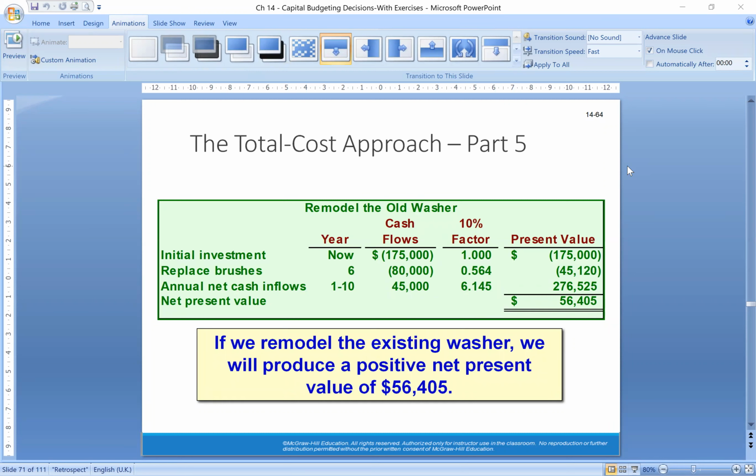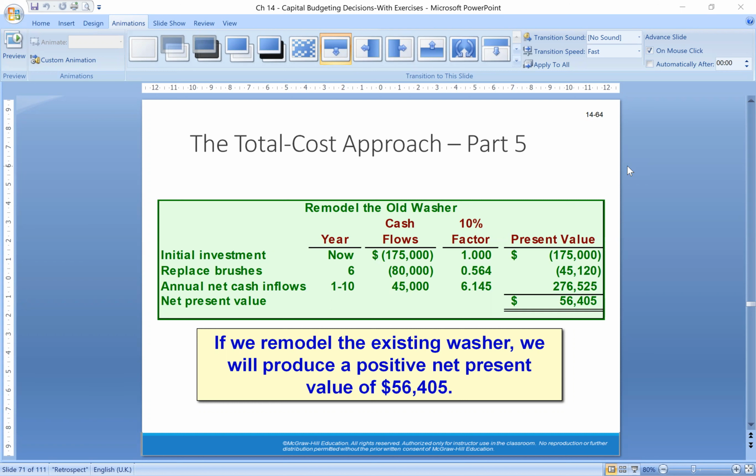The initial investment is 175,000. Replacing the brushes in year 6, 80,000 multiplied by a factor from table 1, gives 45,120, and the annual net cash inflows from year 1 to 10 are 45,000, given, so 276,525.